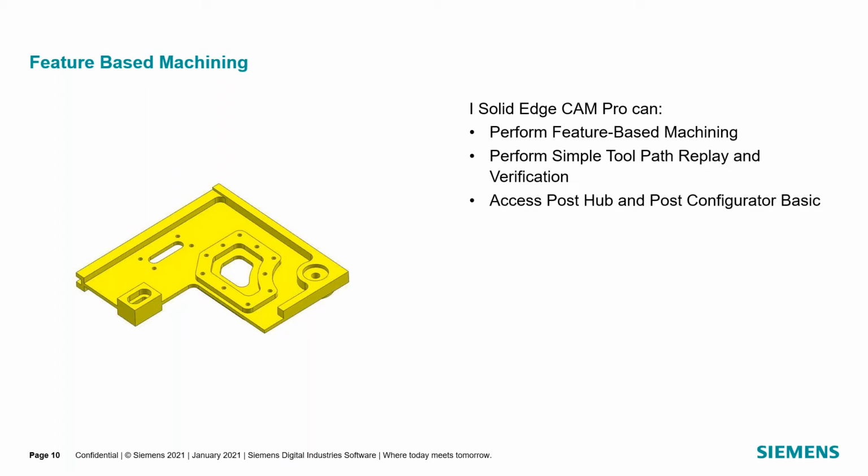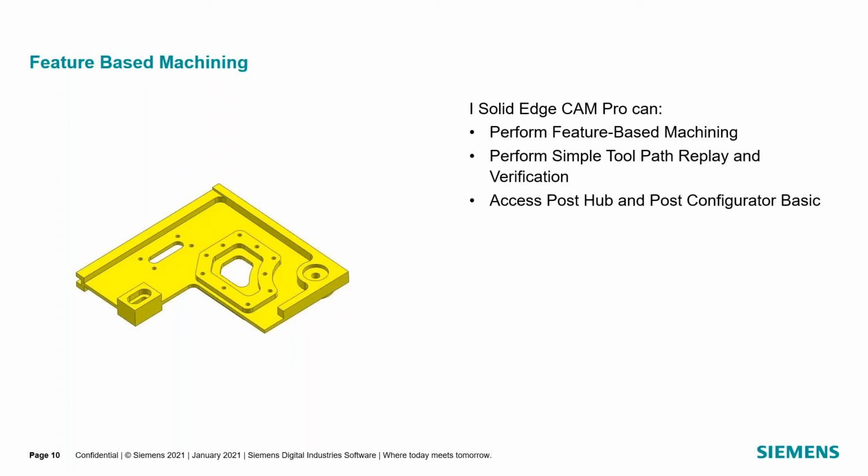So the idea here is as much automation as possible, and feature-based machining is one such application where you can do the automation, create all the post processors, then verify the toolpath and put it on the machine or run it on the machine.